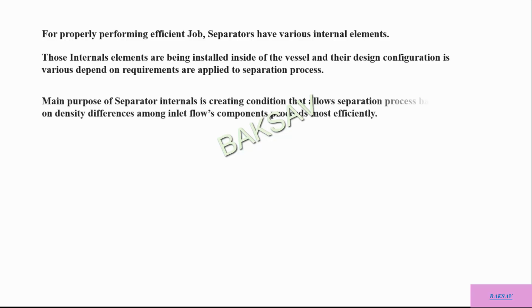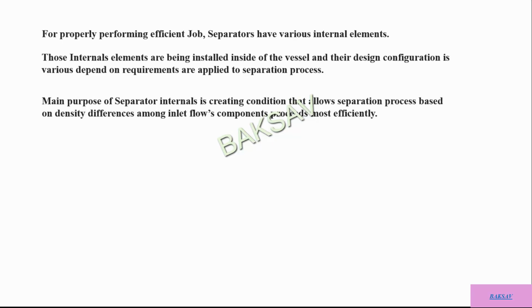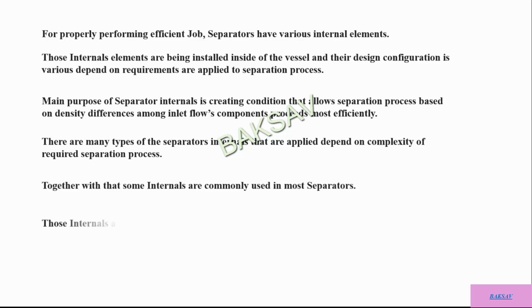The main purpose of separator internals is creating conditions that allow the separation process, based on density differences among the inlet flow components, to proceed most efficiently. There are many types of separator internals that are applied depending on the complexity of the required separation process. Together with that, some internals are commonly used in most separators. Those internals are the following.